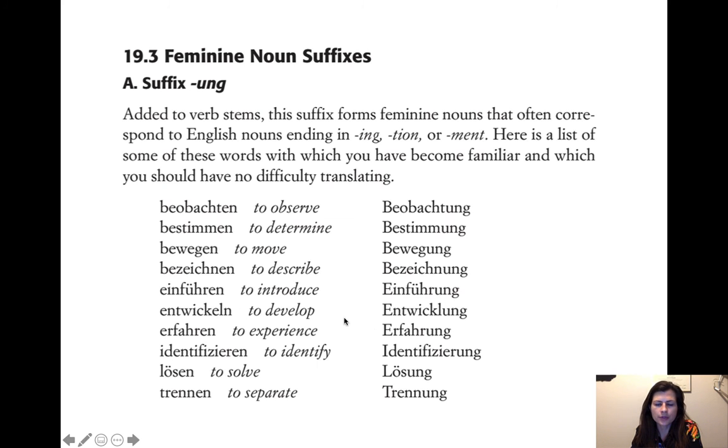Entwickeln, to develop, Entwicklung, development. Erfahren, to experience, Erfahrung, experience as a noun. Identifizieren, to identify, Identifizierung, identification. Lösen, to solve, Lösung, solution. Trennen, to separate, Trennung, separation.